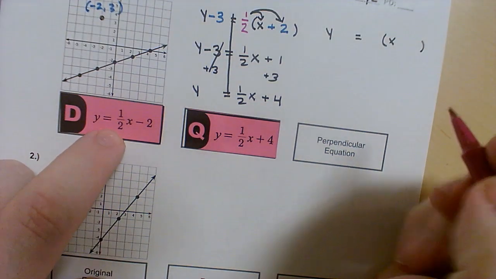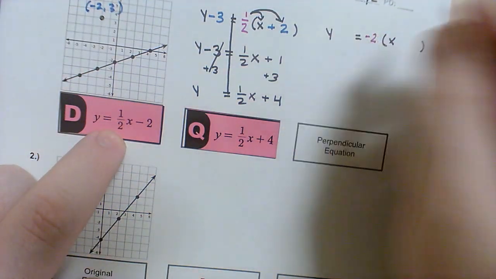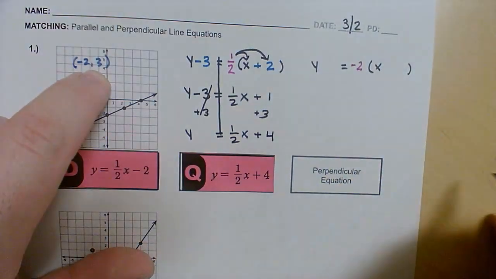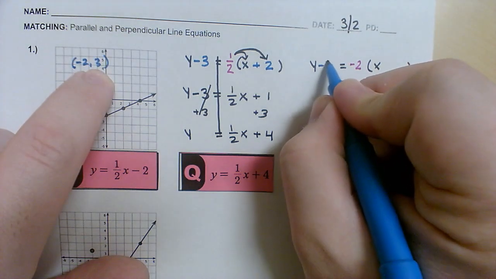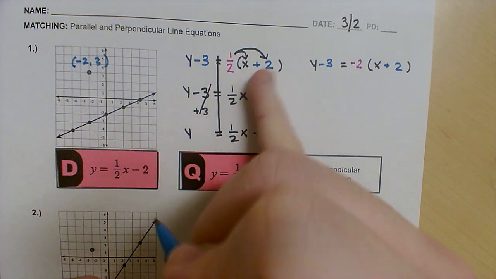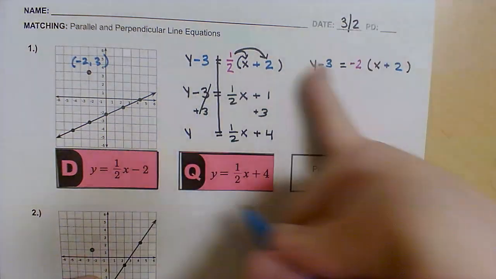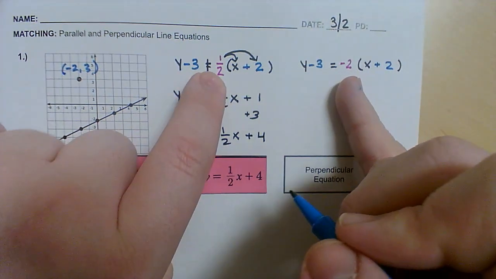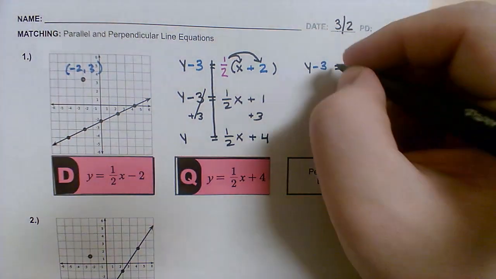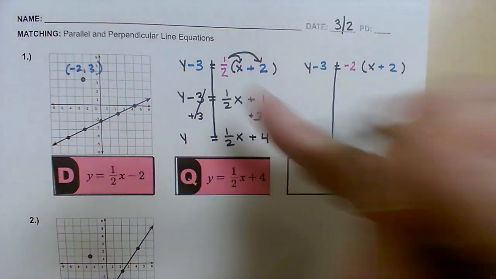The perpendicular slope is going to be -2. It still needs to go through -2, 3, so y minus 3 and x plus 2. The only difference between what we did here and what we did here is the slope. Okay? So once you've got that, do the same steps you did here.